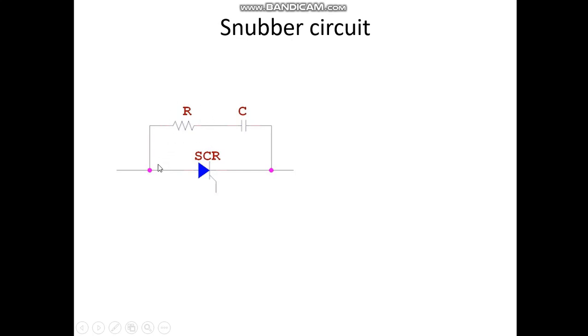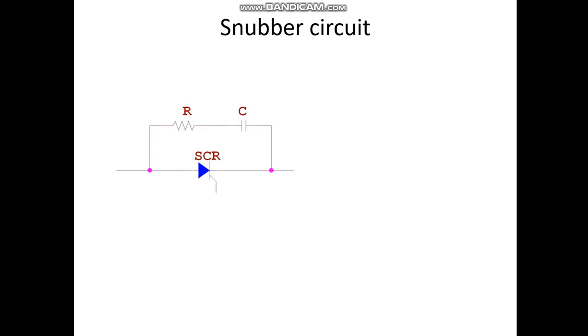Any current flowing through the circuit charges the capacitor, and when the capacitor gets fully charged, the SCR is triggered into the on position. When the SCR gets into the on position, the capacitor starts discharging through the resistor. So the RC snubber circuit protects the SCR from unwanted turn on.